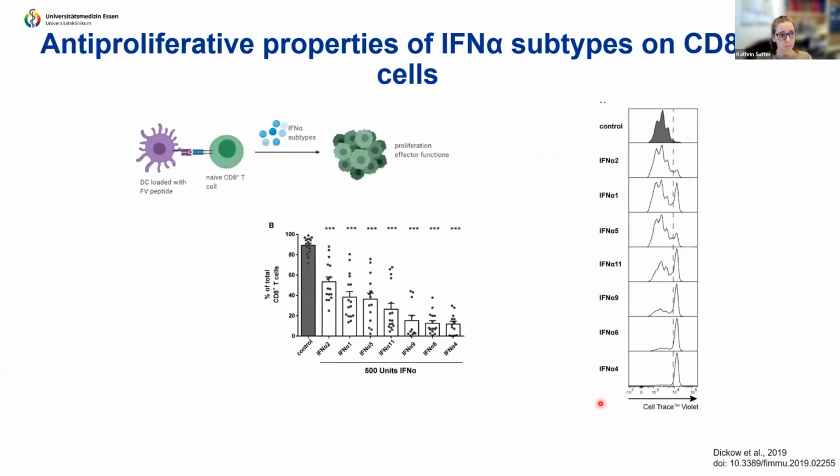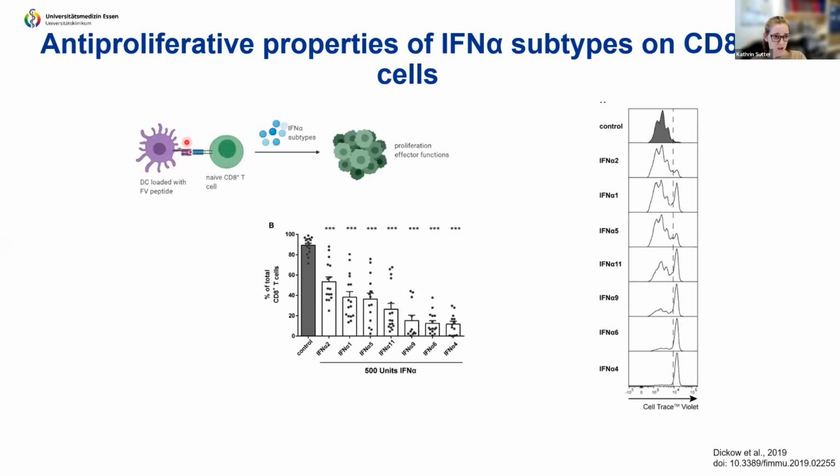If you are maybe more interested in tumor response, then especially anti-proliferative properties of interferons are really, really important. And what we did to analyze those effects is we performed an assay where we had dendritic cells from a mouse.